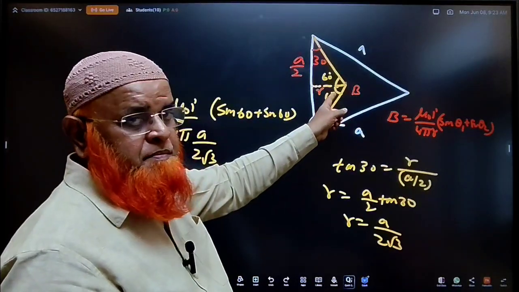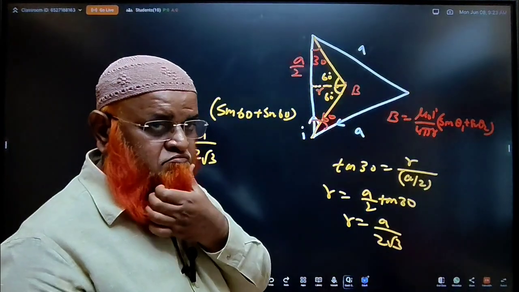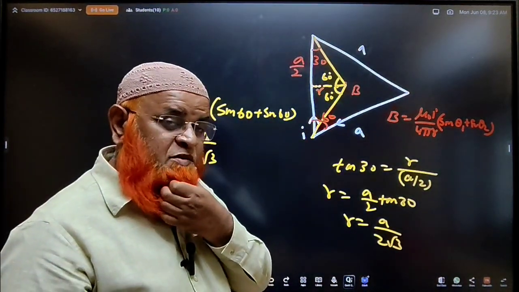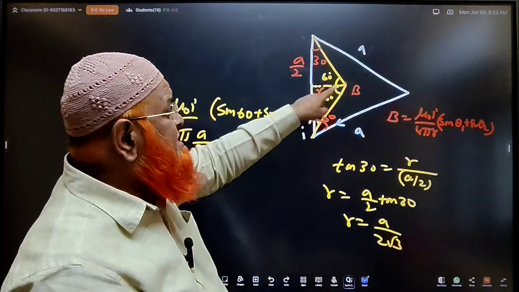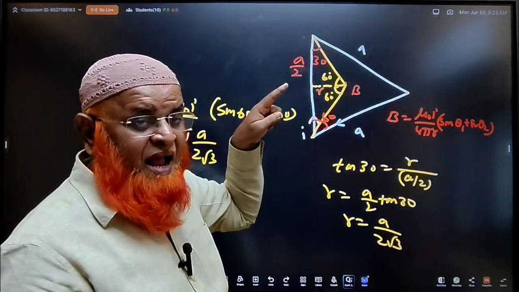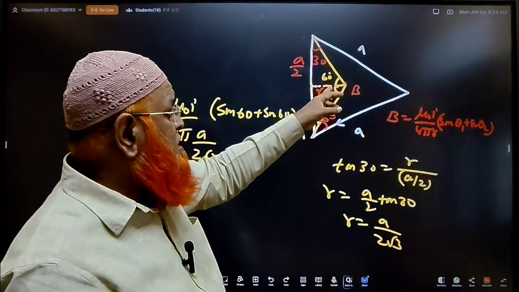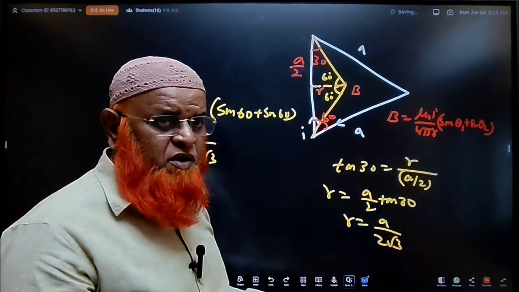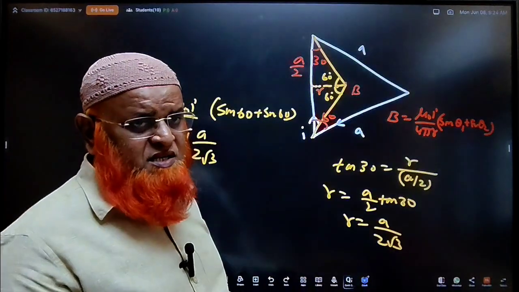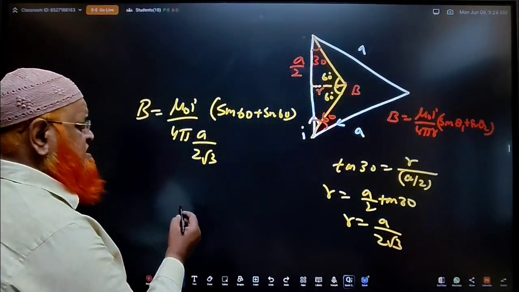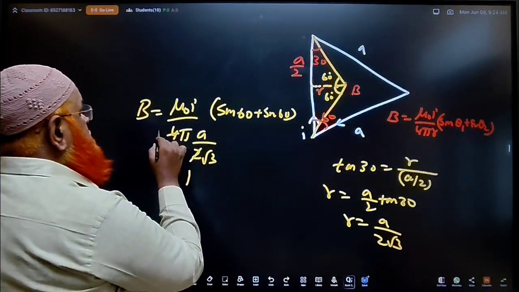This is 120, this is 30 and 30. 120 plus 60, how much? 180. Angle sum property: the sum of the angles in a triangle is 180. If these two are 30, the remaining is 120 only. Cutting 120 in half gives 60, 60. So we're getting how much? This is 2, 1 times, 2 times.